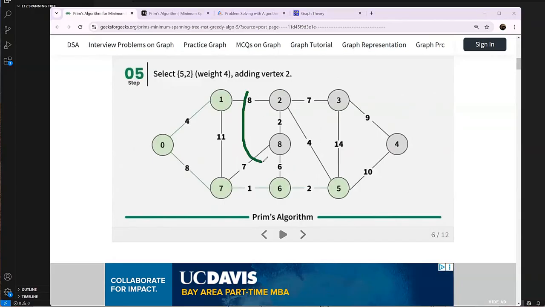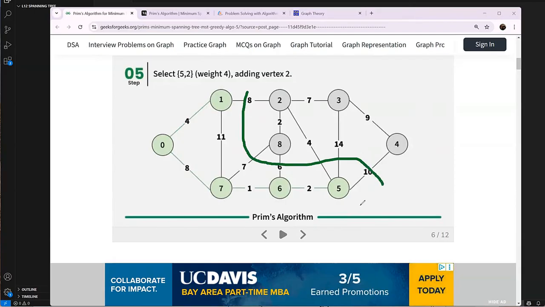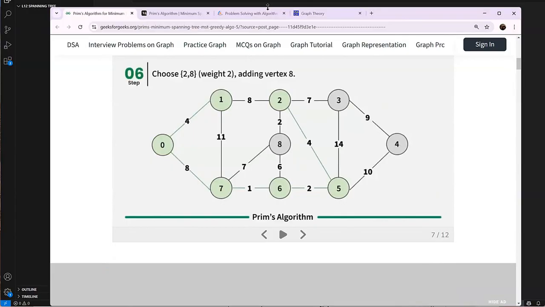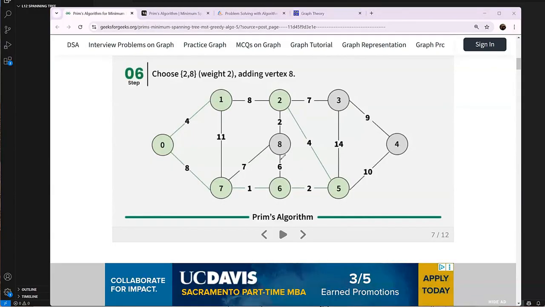You have these different nodes. Okay, so you have 8, 7, 6, 4, 14, and 10. So you pick 4. So you actually pick 4 and 2 is connected. Now, the outgoing edges right now are 8, 7, 6, 7, 14, and 10.